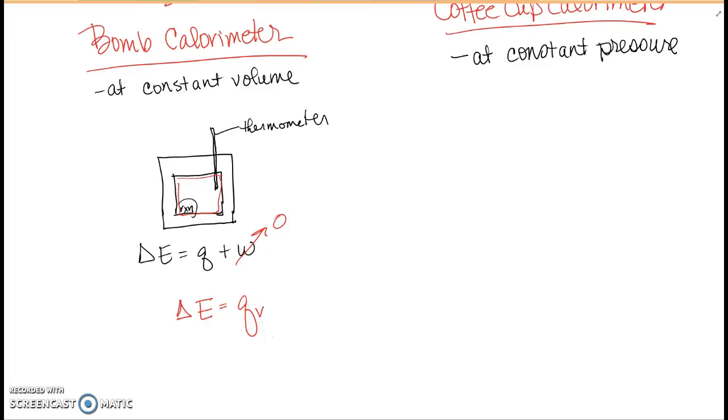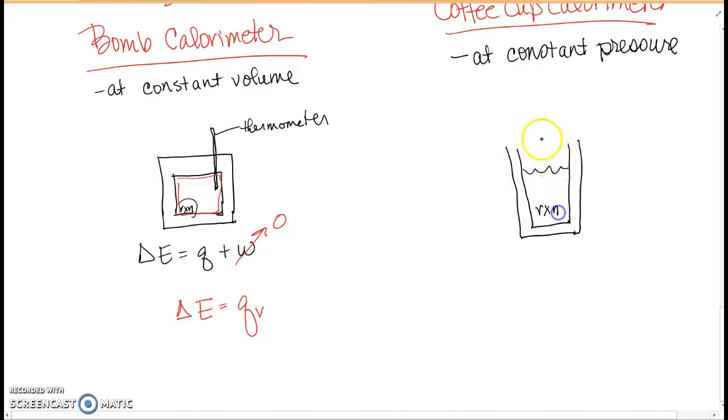In comparison, a coffee cup calorimeter, let's envision a styrofoam cup, so to speak. You might have a coffee cup calorimeter and there might be a reaction taking place, and you might even have a fancy lid, but it's not airtight. Since it's not airtight, any gas that's produced is actually able to leave.